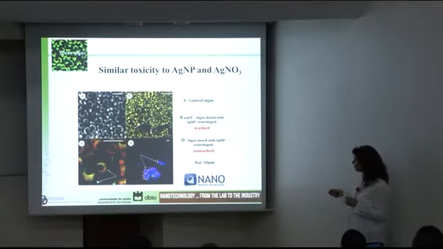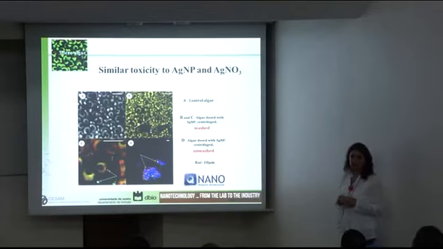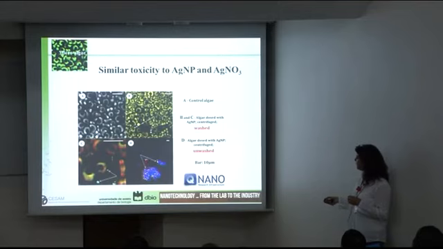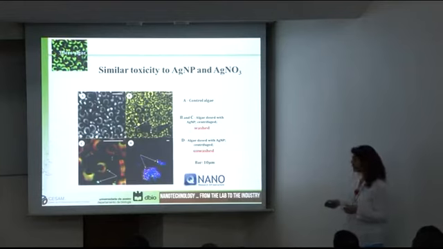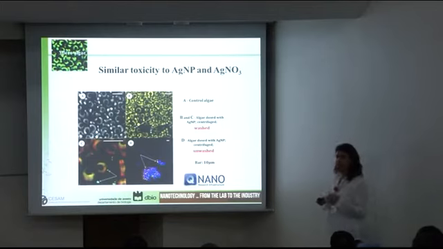So there were still some signs of nanoparticles outside the cells. And here was an approach where we dosed the algae, we centrifuged them, but we didn't wash them. So what we got was major agglomerates outside the cells. So we could never see nanoparticles inside the algae cells.